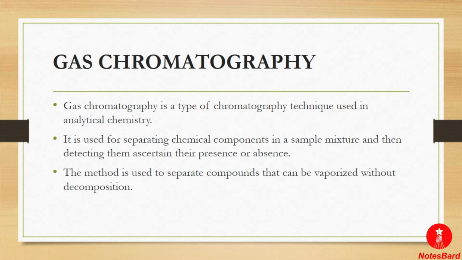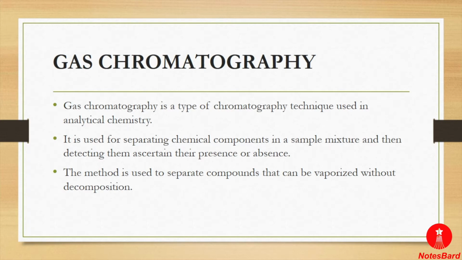Basically, it is a type of chromatography technique used in analytical chemistry to separate and identify different types of components in a sample mixture. Gas chromatography is used for separating different chemical components from the sample mixture and then detecting them to ascertain their presence or absence in the particular chemical mixture.